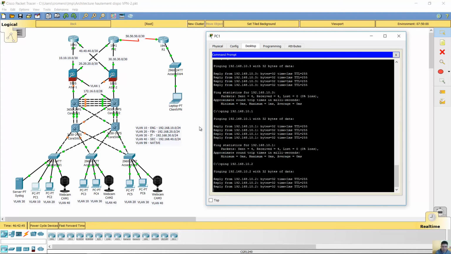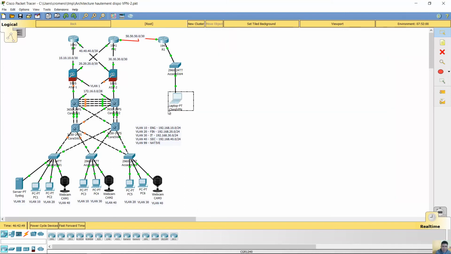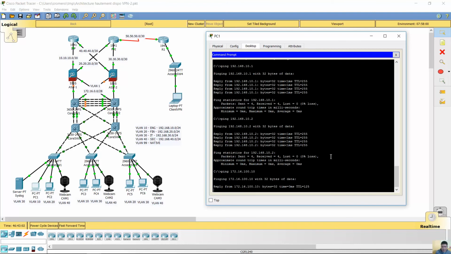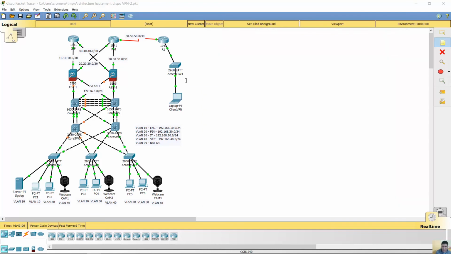Okay, successful. And finally, ping to the client. Successful. Okay, this is the network of the client.